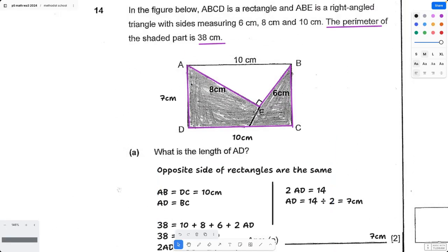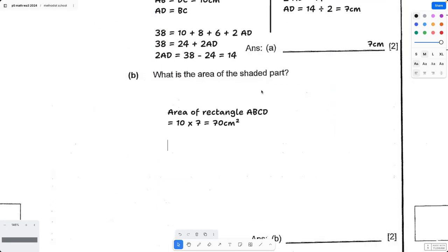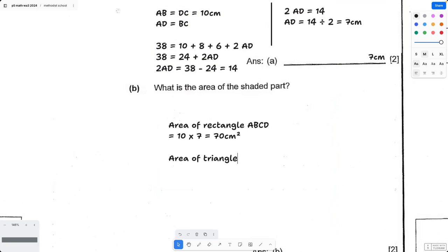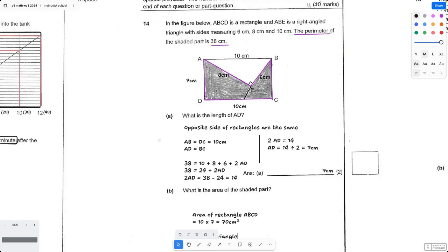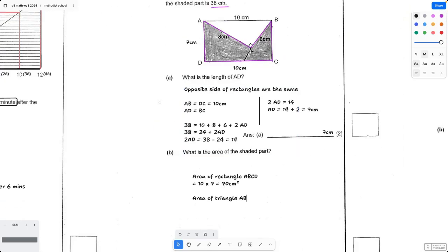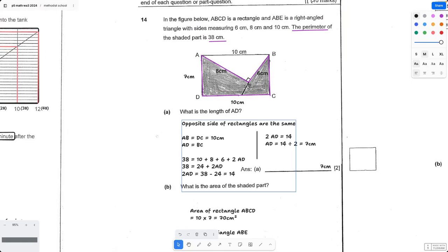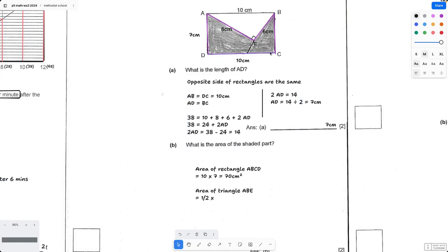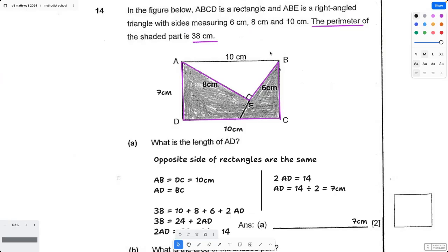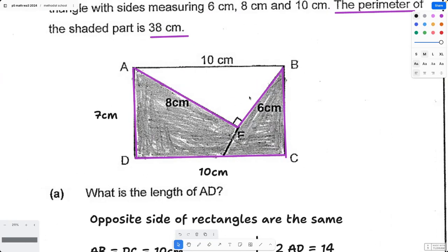So next thing is we want to get the area of the right angle triangle, which is ABE, right? Which is basically half times... So which are the sides that you want? Okay, the thing about right angle triangles is that you use the lines that form the right angle.